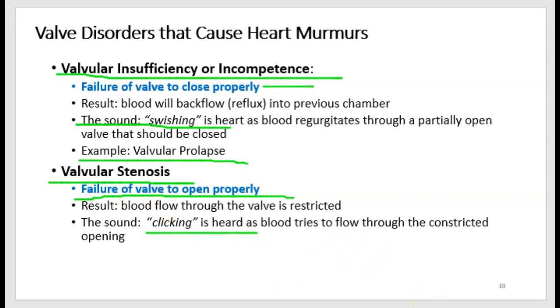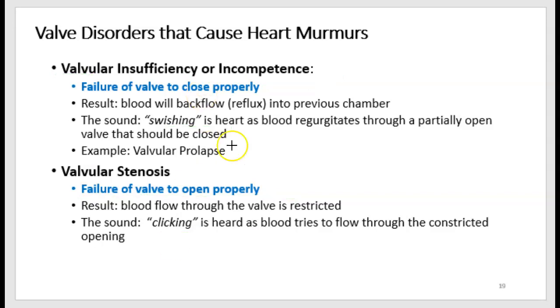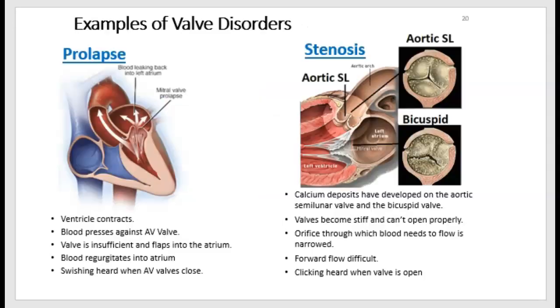Now, I'm going to show you some pictures, and you'll say that valvular stenosis could also cause the swishing, and I'll have to agree with you on that. But anyway, here are two different examples. A valve prolapse. This is the mitral valve, or the bicuspid valve, between the left atrium and the left ventricle.